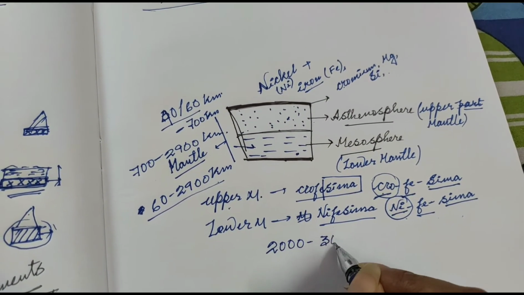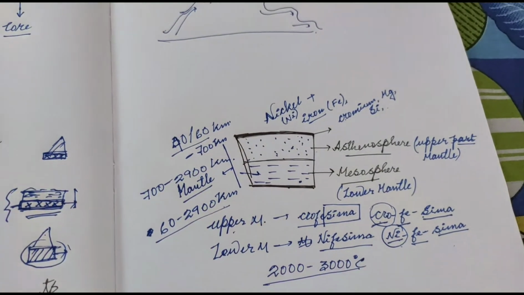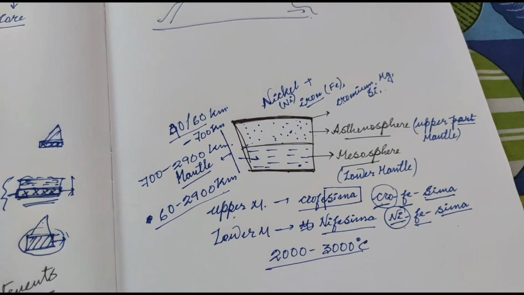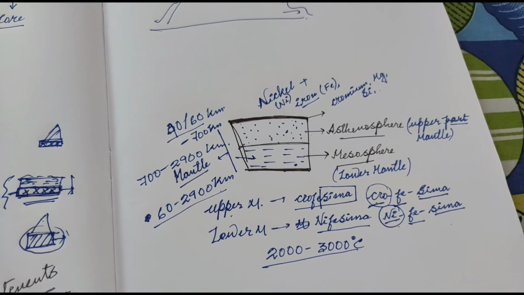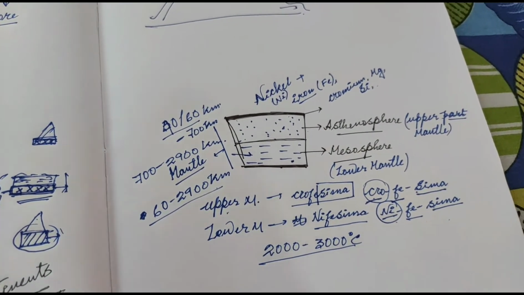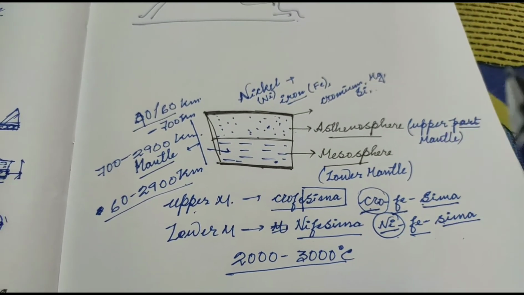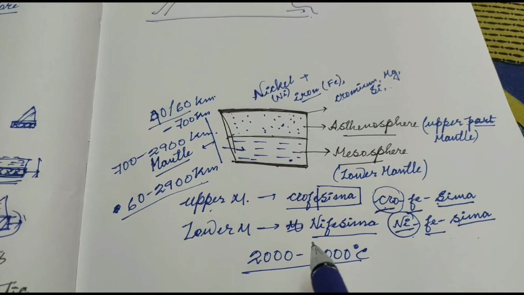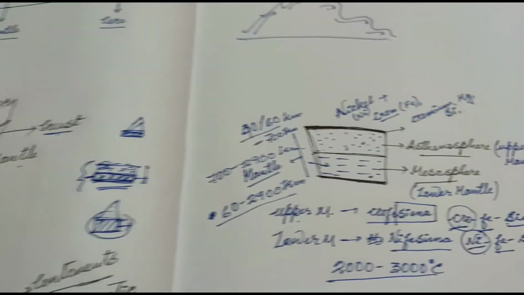The temperature of the mantle is 2000 to 3000 degrees centigrade, for the total mantle. Most of the energy needed for volcanic eruptions and earthquakes comes from this mantle portion.